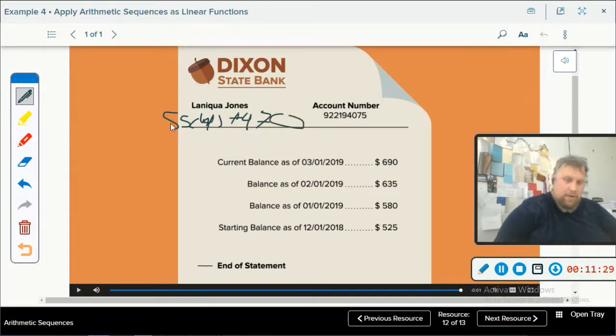And let's see, 4 times 55 is going to be 220. 220 plus 470. Guess what that is? That is indeed $690, which we have right here.